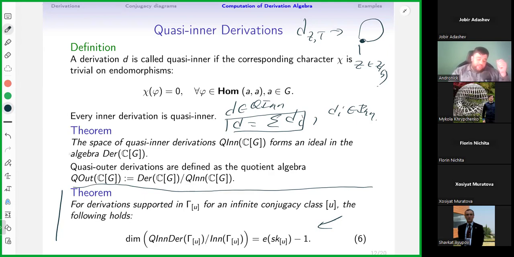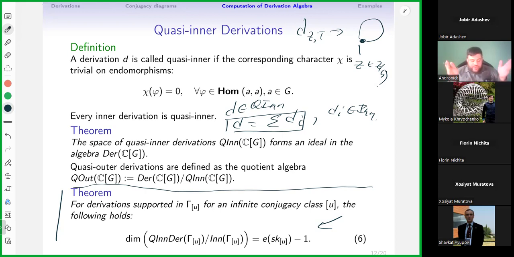And another theorem which I must note is that quasi-inner derivations form an ideal. So the quasi-outer derivations are also a quotient algebra when you take a quotient by quasi-inner derivations. And the classical decomposition is the following.